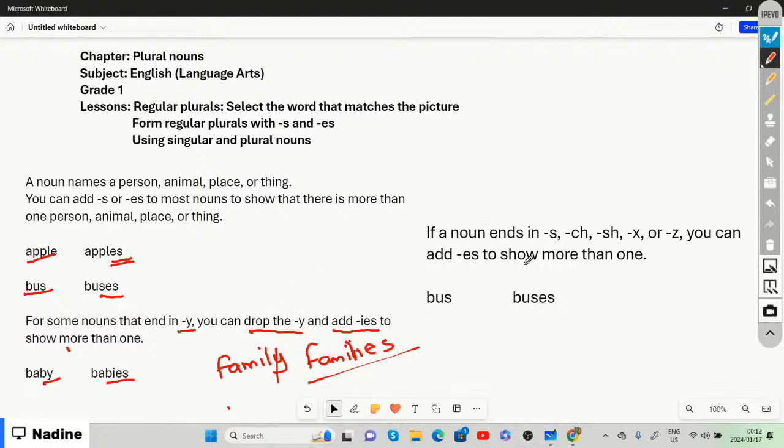And if a noun ends in S, CH, SH, X, or Z, then you can just add ES to show more than one.